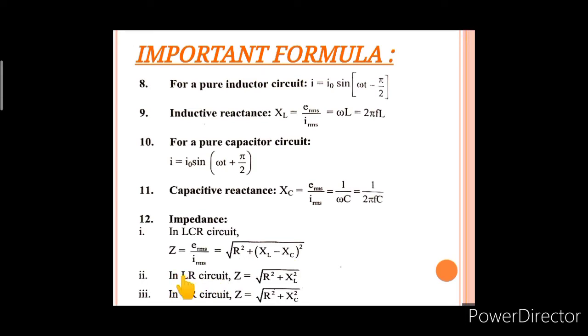If we have a circuit consisting of an inductor and a resistance only, it is called the LR circuit, and for this the impedance Z is square root of R square plus XL square. Similarly, a circuit consisting of a capacitor and resistor only is called the CR circuit. In the CR circuit, the impedance Z is square root of R square plus XC square.